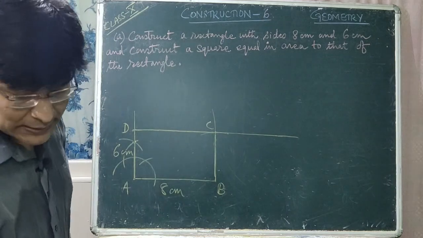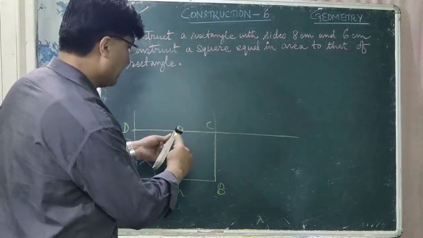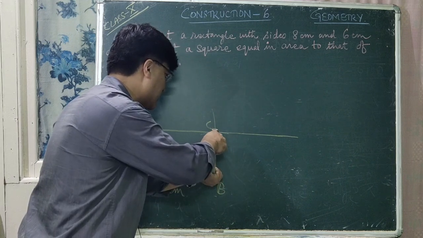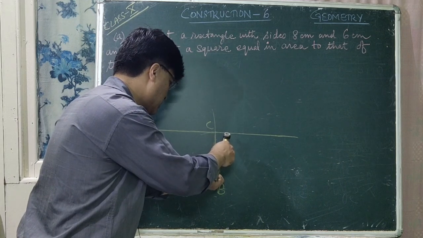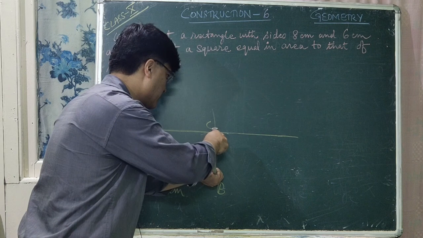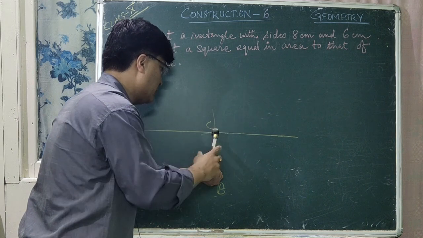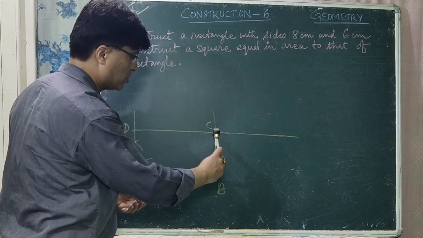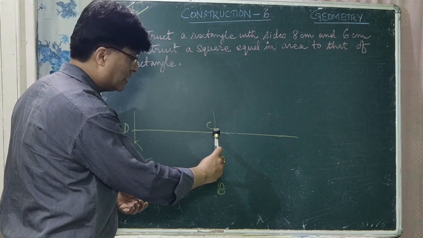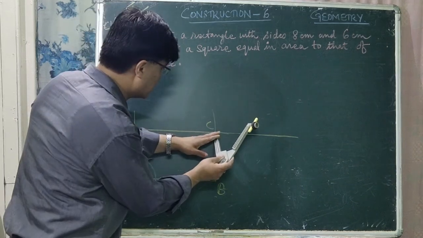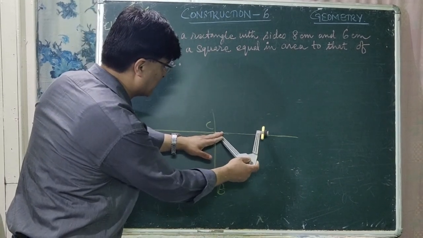Okay? Now in this case, again measure the length of BC. This BC is 6 centimeter, right? So measure this BC, which is 6 centimeter, and keep the pointed needle at the point C and draw an arc here.